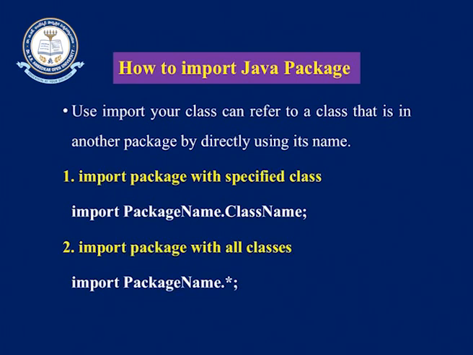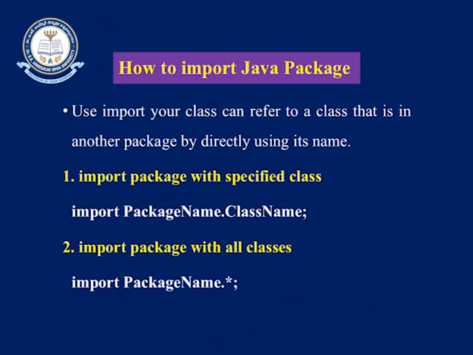For that, the syntax we use in the program is import. Import is a keyword to import a package. Import, space, package name. Whatever package you want to import into your code, you must write that package name. Then dot. Here the dot is called the member access operator. Package name, dot, member access operator, and then the class name you want to use in your application. You must write that class name.